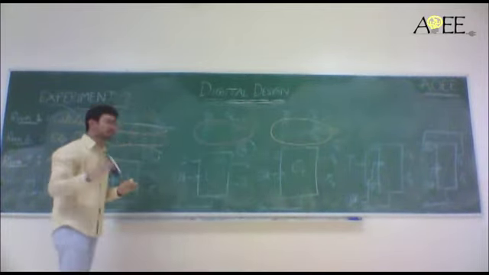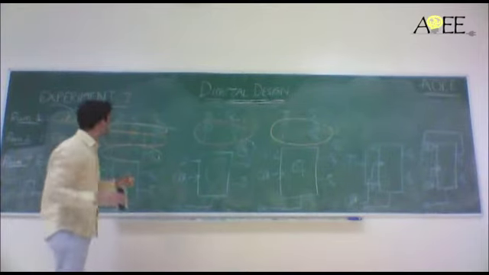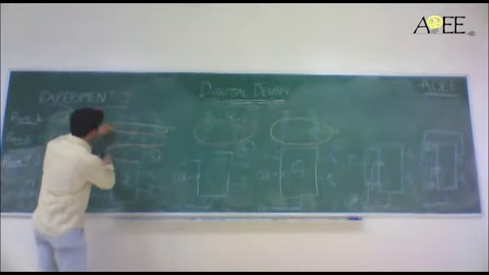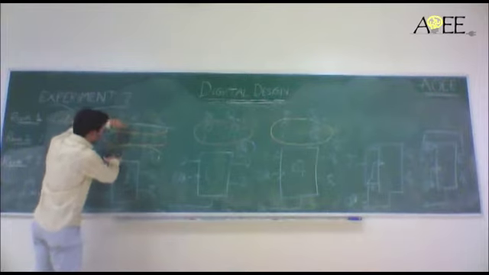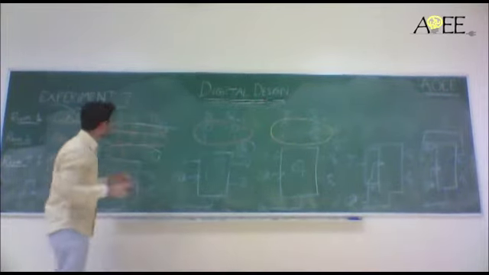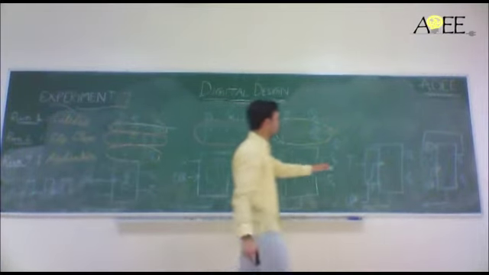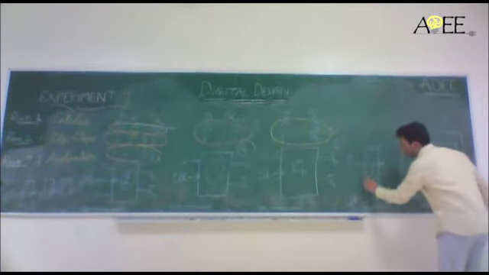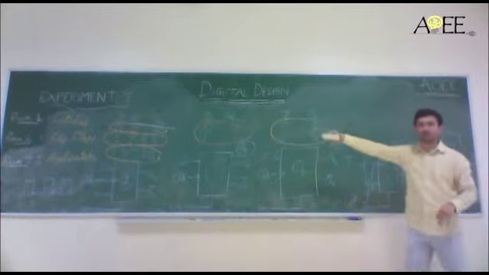Just a little variation is required. So I can say that when J and K are both the same, then I get something like a T flip-flop. So in order to make a T flip-flop from a JK flip-flop, just take it and short both J and K. You get a T flip-flop.